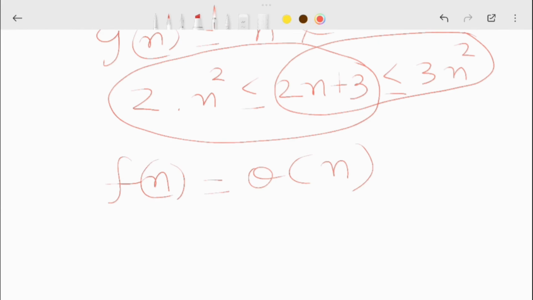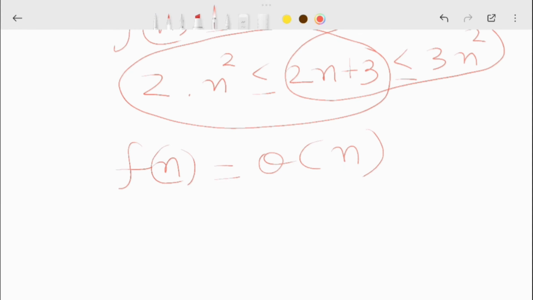In case of time complexity, this function f of n is represented as a class of time complexity. I already told you the time complexity depends on the input size n. For the input size n, an algorithm can have a different class of time complexities.